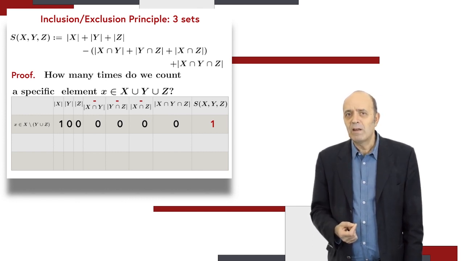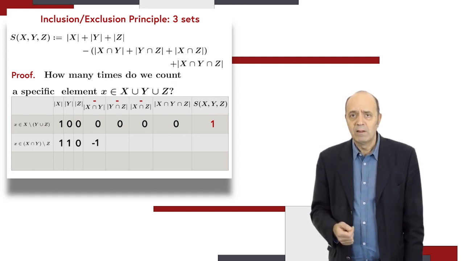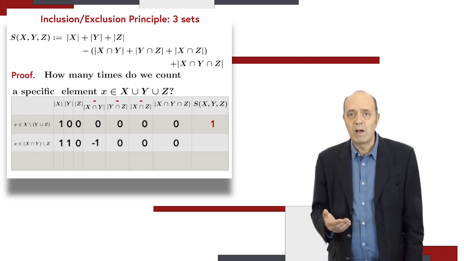Assume now that small x belongs to just 2 sets, say X and Y. Well, we count 1 for X, 1 for Y, 0 for Z. Then we count minus 1 for the intersection of X with Y, 0 for the other intersections, so the sum gives 1 plus 1 minus 1, 1.